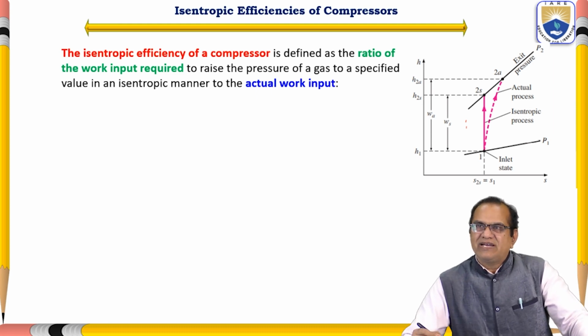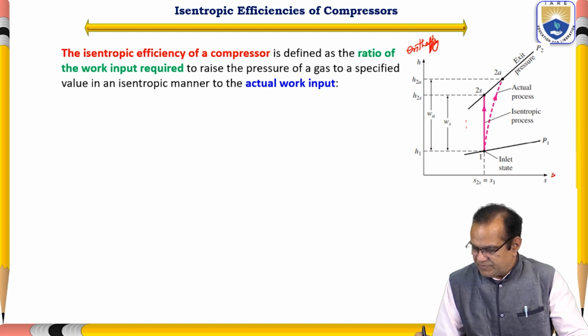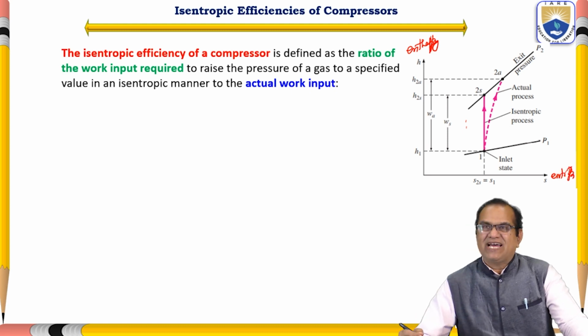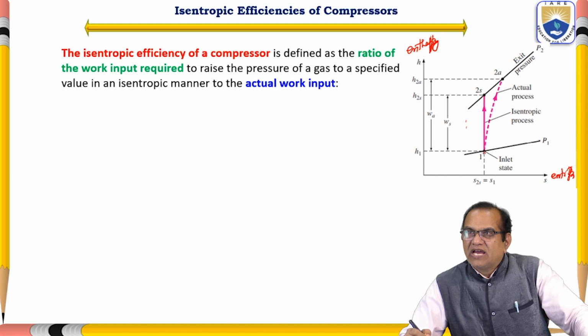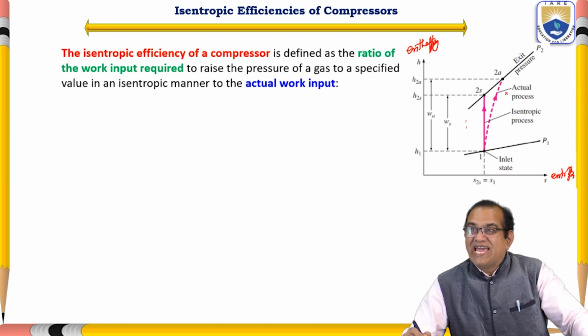Here I have drawn the diagram of enthalpy. This is the enthalpy, and this is the entropy. And here you can see 1 to 2s and 1 to 2a. This 1 to 2a is the actual process.